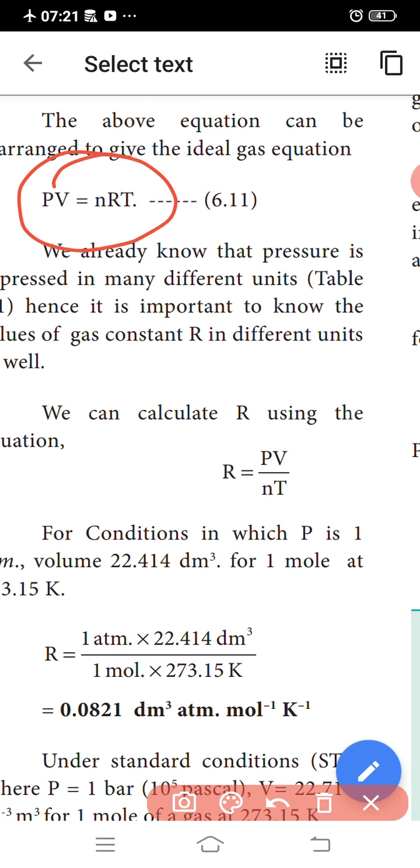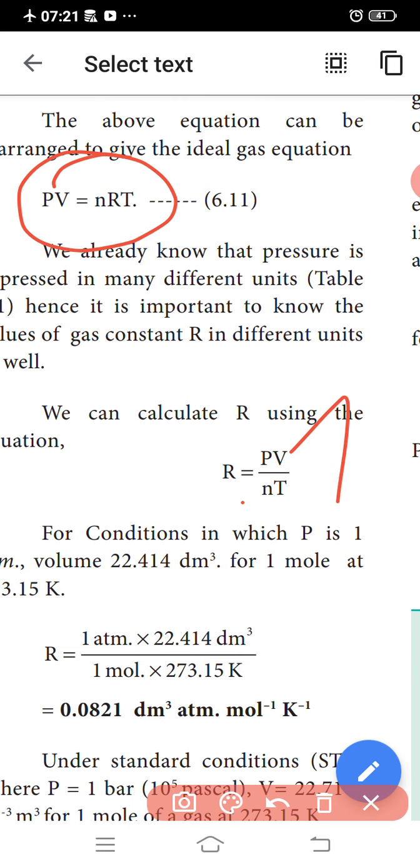Next, we already know that pressure has many different units, so it is important to know the values of the gas constant in different units as well. We can calculate R using the equation R is equal to PV by nT.